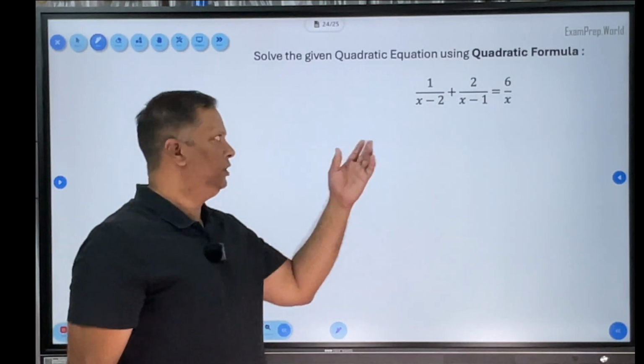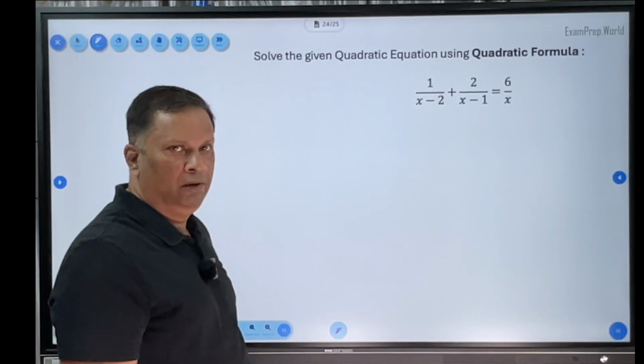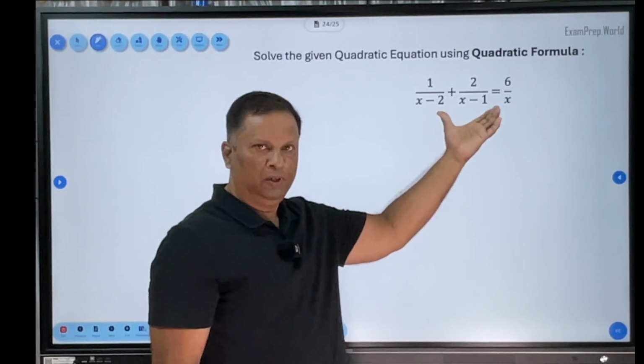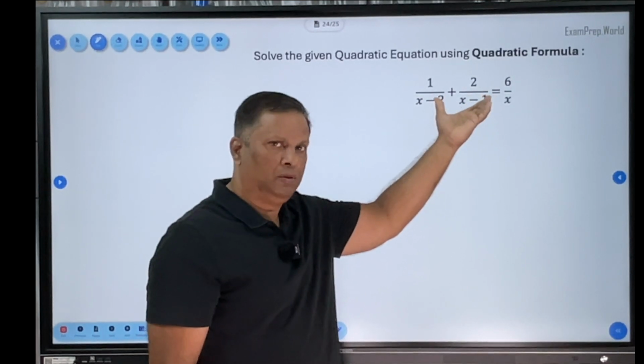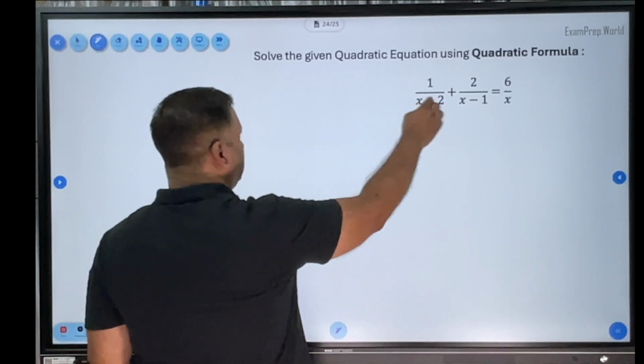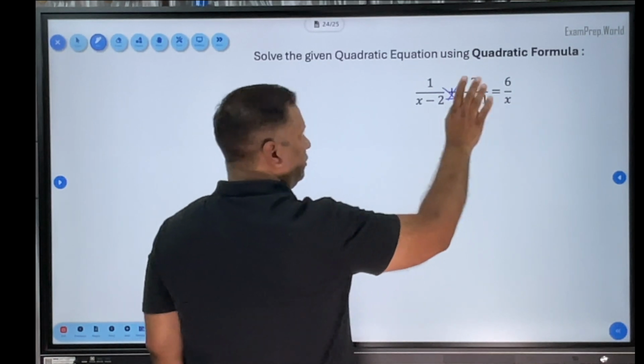Now this question, again, is not in regular quadratic form. Let's see whether it is quadratic or not. So let's solve this. How do you solve this? Crisscross, simple.